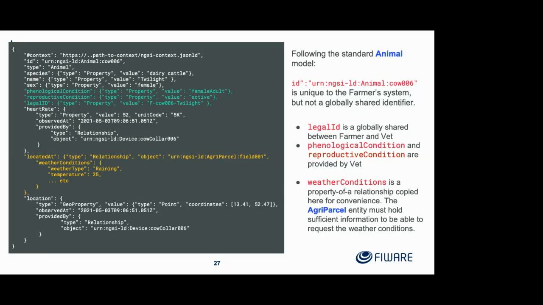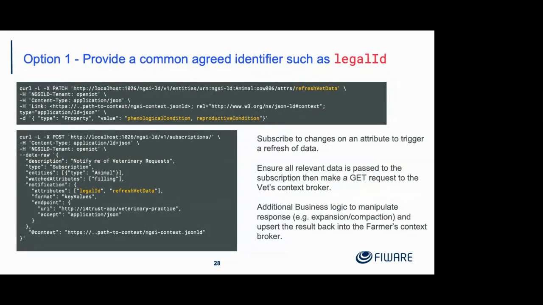So let's look at option one. Option one is we have this common agreed identifier. The common agreed identifier I can find on my animal model. Okay, so what can I do? Well, I can have, for example, a patch request.